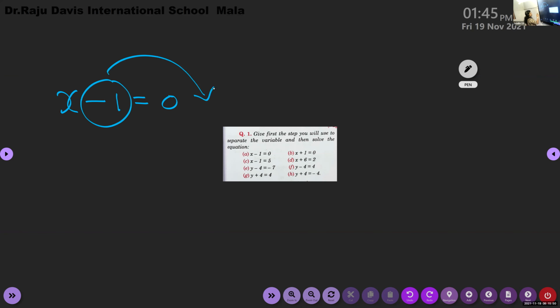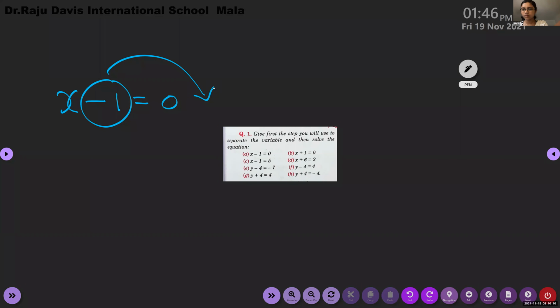Why? I am going to find the value of x, isn't it? Yes, ma'am. I want to find the value of x. So x should stand alone. I want to get x alone on the left side. So what is remaining here? Minus 1. That I will transpose to the right side.